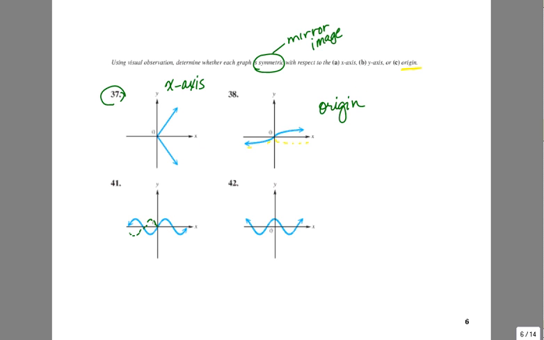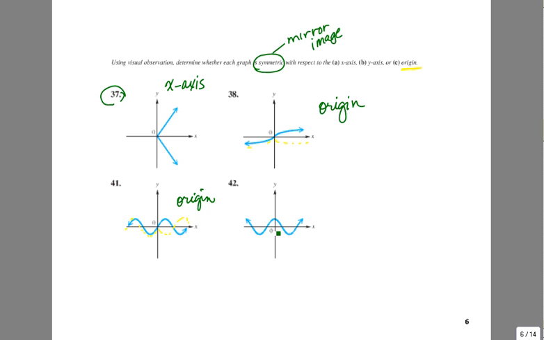Now the origin would mean, let me erase that here. If I fold it along the x to get this piece, and then fold it along the y, I'm going to get this piece here. So this one is symmetric with respect to the origin. Okay. Now, number 42, is it symmetric with respect to the x-axis, y-axis, or origin?